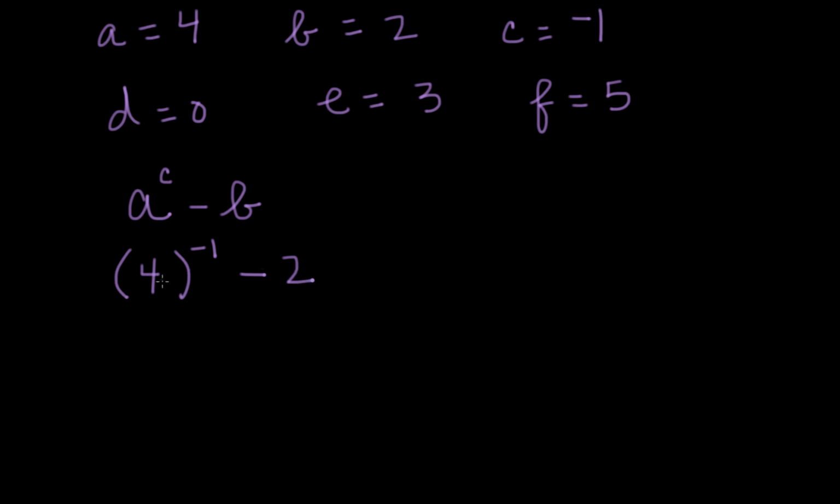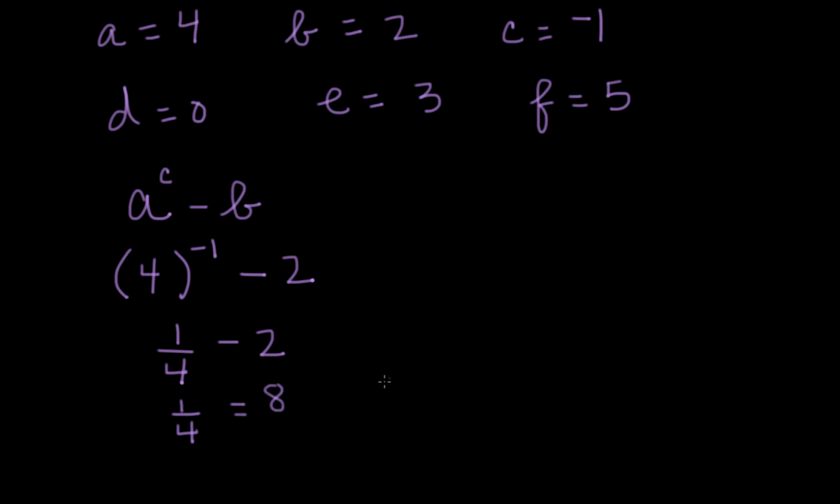So when you have a base to a negative 1 power, 4 to the power of negative 1 is 1/4. 1/4 minus 2, that's the same thing as 1/4 minus 8/4.